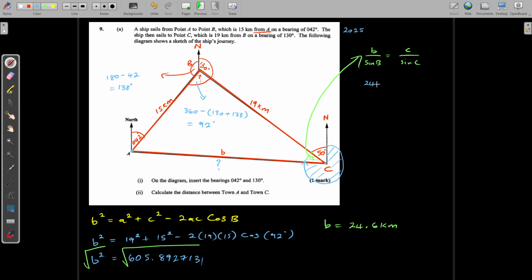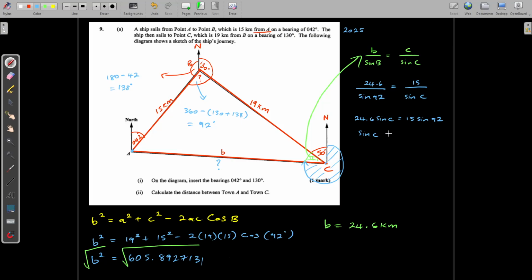So 24.6 over sine 92, and we know the angle right there, is equal to 15 over sine C. So cross multiply. So 24.6 sine C is equal to 15 sine 92.